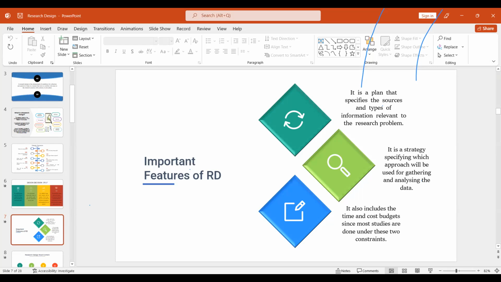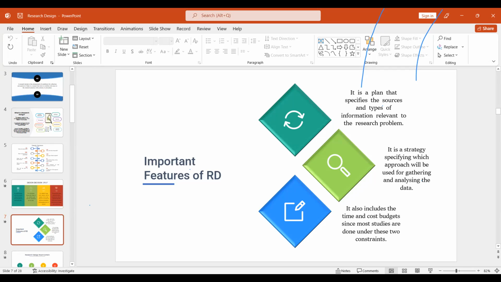Fourth, the nature of the problem to be studied and the availability of time and money for the research. So if the research study happens to be an exploratory or formulative one, wherein the emphasis is on discovery of ideas and insights, the research design must be flexible enough to permit the consideration of many different aspects of the problem.